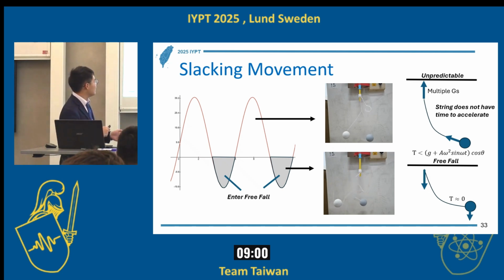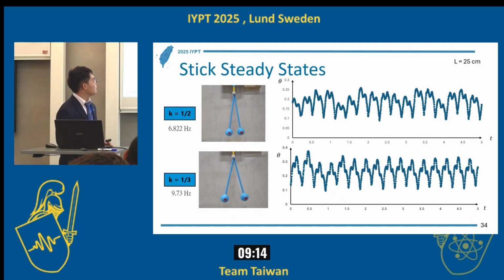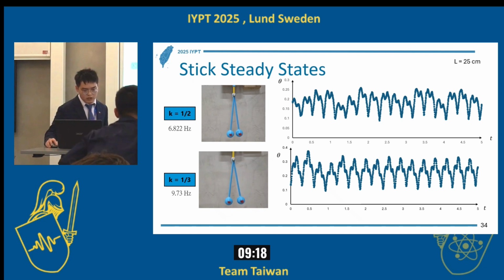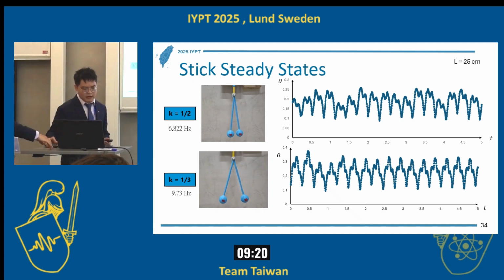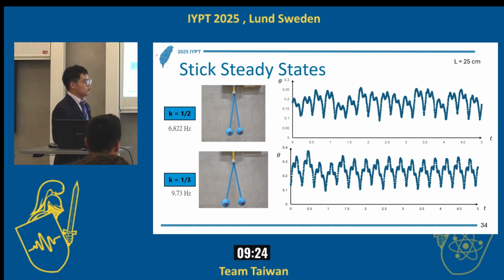And at this negative acceleration, the ball will enter free fall, thus the ball will dance, making the increasing amplitude not possible in this situation. However, we have investigated the phenomenon with the fixed steady states. In our state, we can see that there are multiple oscillations per collision, which is our further insight.